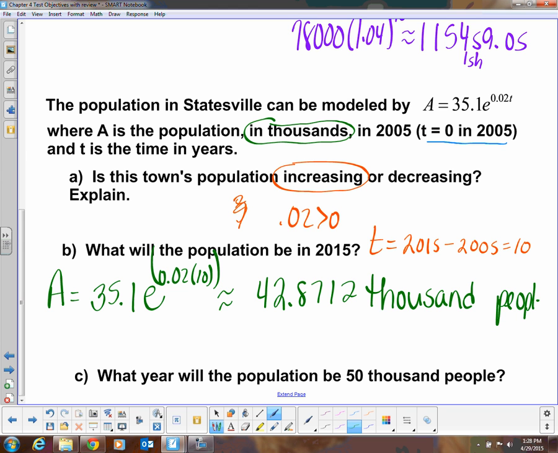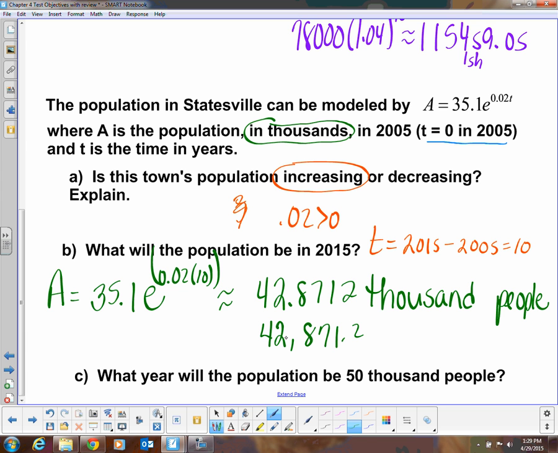Then you get points taken off. What else could you do? Could you tell me 42,871? Or 0.2? Second trimester, no, second month of pregnancy. Is that what we're doing? Or 2 days from dying? Okay. How do you have 2/10 of a person?